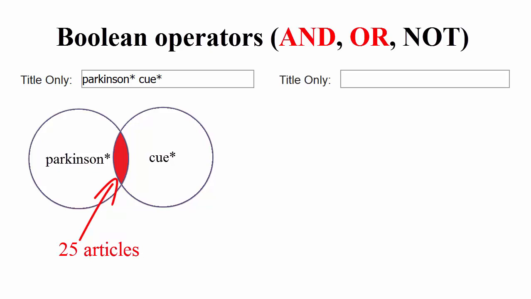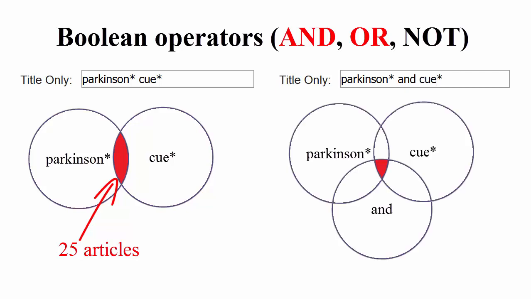If, however, you enter the terms Parkinson and cue, this search will return only articles with Parkinson and cue in the title, so could potentially omit relevant articles that do not include the word and in their title.